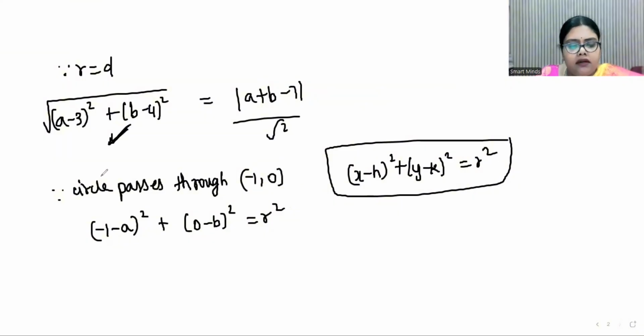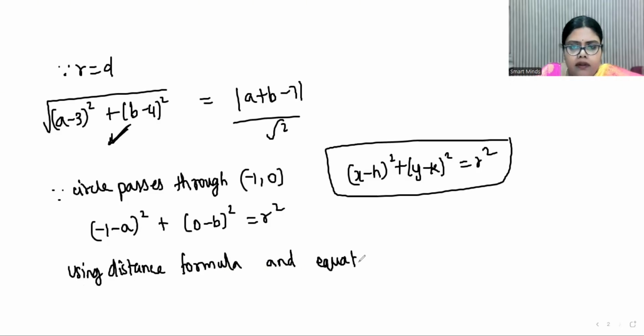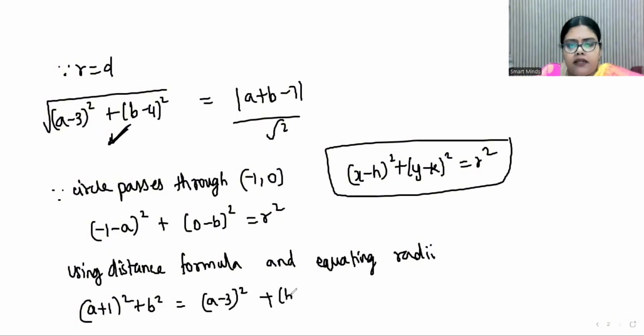Now if we take the distance formula and equate the radius, what do you get? A plus 1 whole square plus b square is equal to a minus 3 whole square plus b minus 4 whole square.